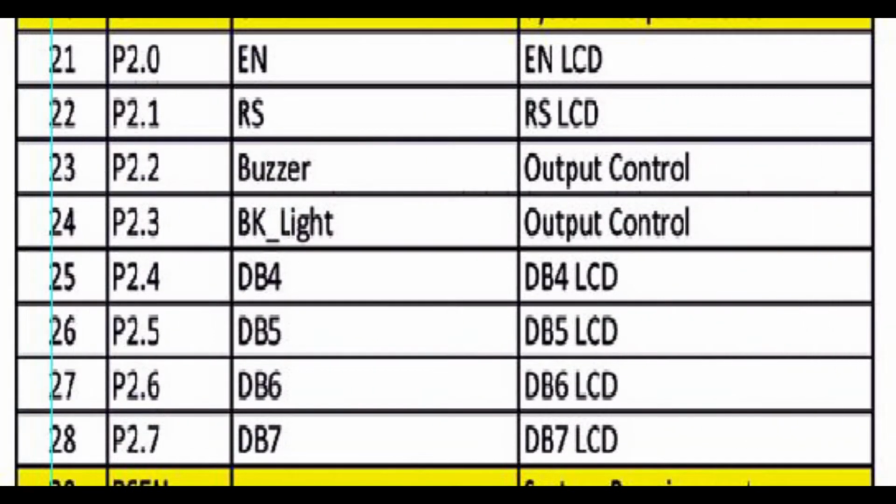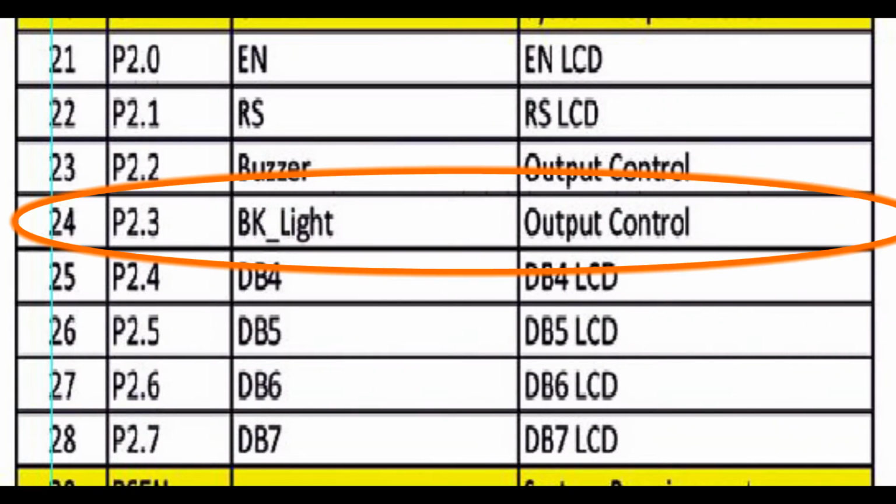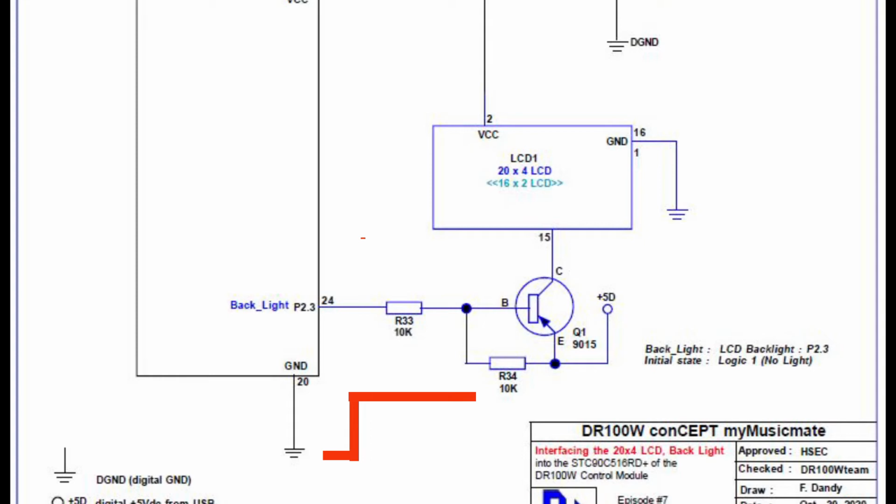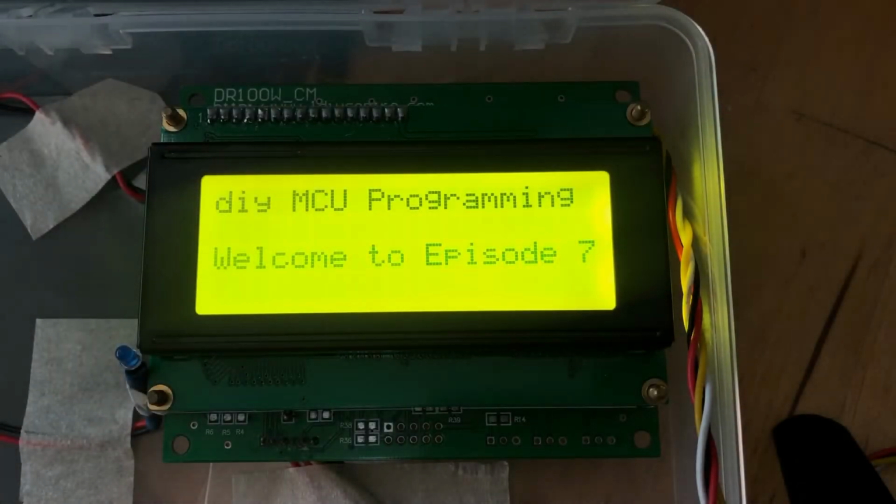The backlight is driven by port P2.3 based on the I/O mapping definition, and the initial state is logic 1, which means the backlight is turned off initially, and applying a logic 0 will turn on the backlight.